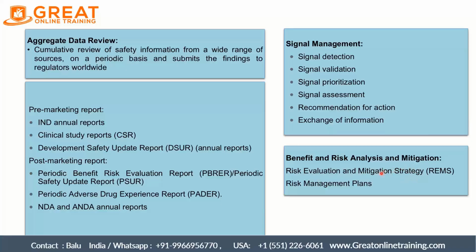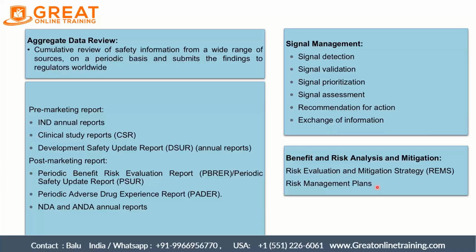This document majorly focuses on the benefit and risk ratio of the medication, that is, whether, because of the safety concern, there is a change in the benefit and risk profile of the medication or not. And the risk management plan is required for the EMA and also for the rest of the countries. They need to include all the information on the safety specifications, the PV plans, and the risk minimization plans.